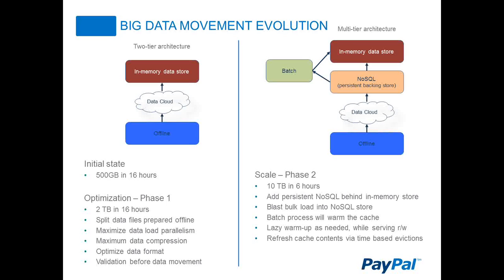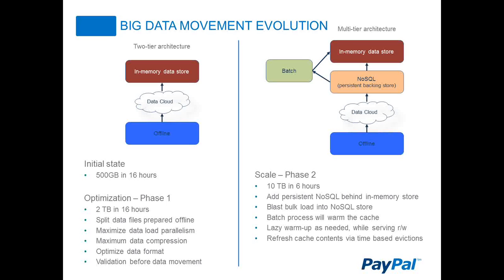So that's where we started putting together a strategy, a two-tier strategy, where you do offline data movement at full speed to a NoSQL persistent backing data store. And on top of that, you have an in-memory data store, your cache, with which your applications are interacting.